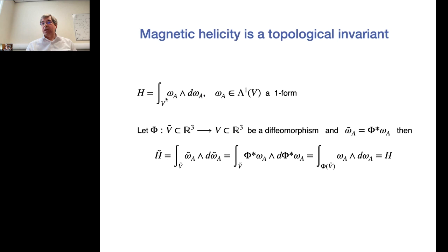The way in which this is written means that this is a coordinate-free representation, and from that one can immediately deduce that the helicity is invariant under arbitrary deformation. I explicitly wrote this down here, but that is just another way of stating the same thing.